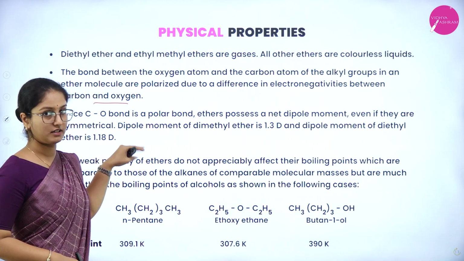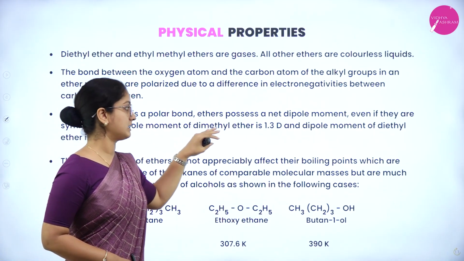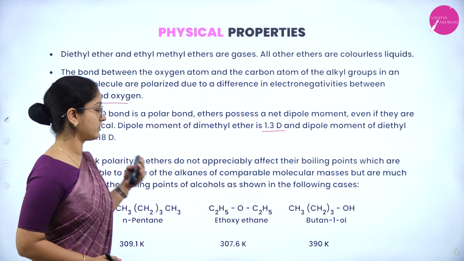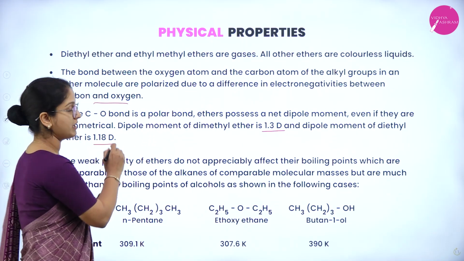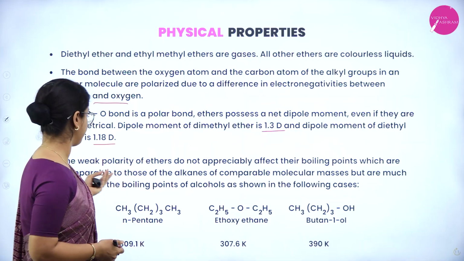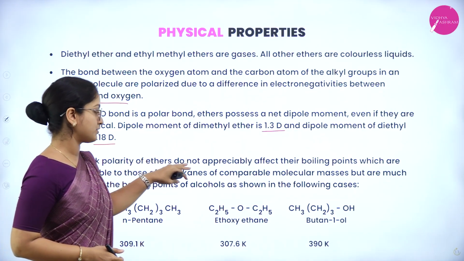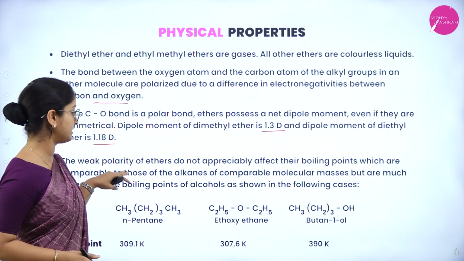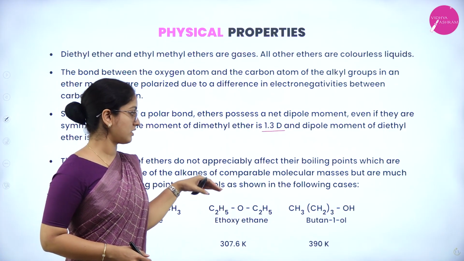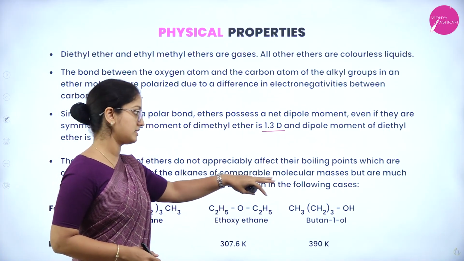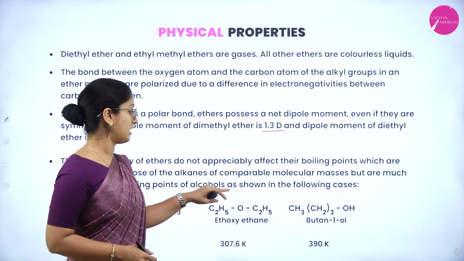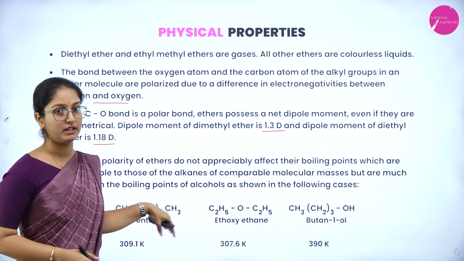The dipole moment of dimethyl ether is 1.3 D and the dipole moment of diethyl ether is 1.18 D. The weak polarity of ethers does not appreciably affect their boiling points, which are comparable to those of alkanes of comparable molecular masses, but are much lower than the boiling points of alcohols, as shown in the following cases.